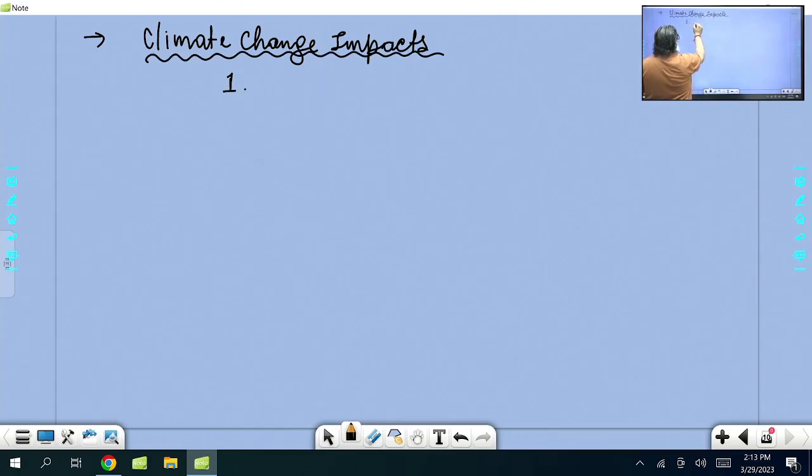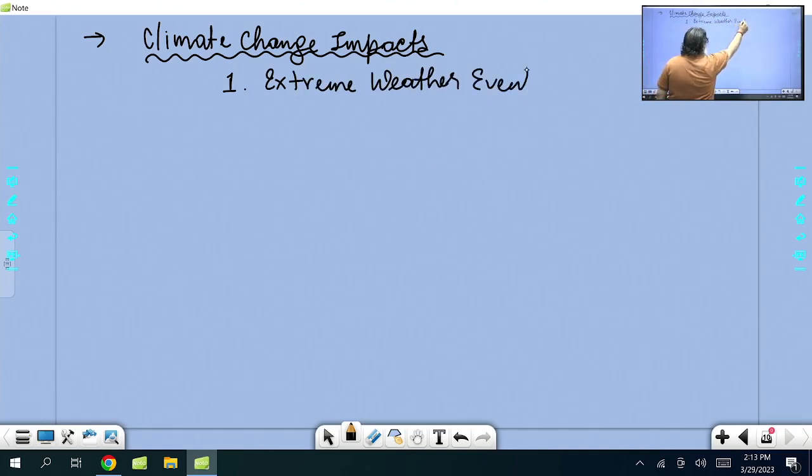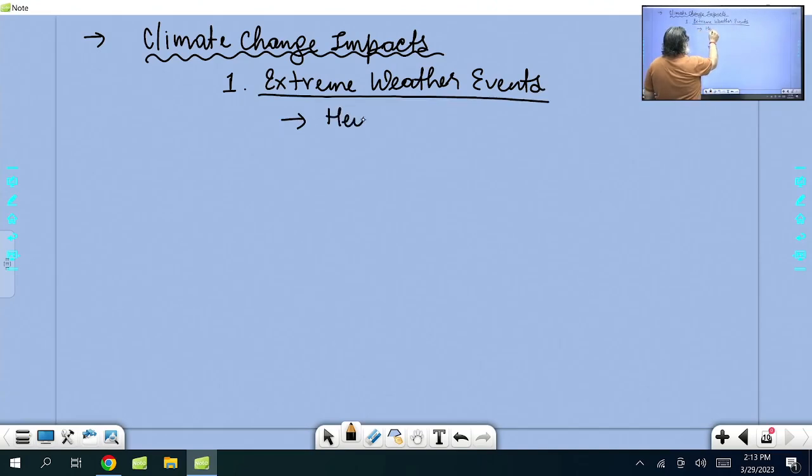Like for example, first is this one, extreme weather events. तो क्या क्या एक्सट्रीम वेदर इवेंट्स है? यू नो दैट, फॉर एग्जाम्पल हीट वेव. हीट वेव यूरोप, ऑस्ट्रेलिया, टेम्परेट रीजन जो कि रिलेटिवली कूलर होता है, नाउ दे आर गेटिंग वार्म, दे आर गेटिंग इम्पैक्टेड बिकॉज ऑफ हीट वेव. यूरोप में कभी ऐसा नहीं होता, जर्मनी वहाँ पर हीट वेव. इंडिया में हीट वेव का इम्पैक्ट हो रहा है बिकॉज ऑफ वार्मर टेम्परेचर.